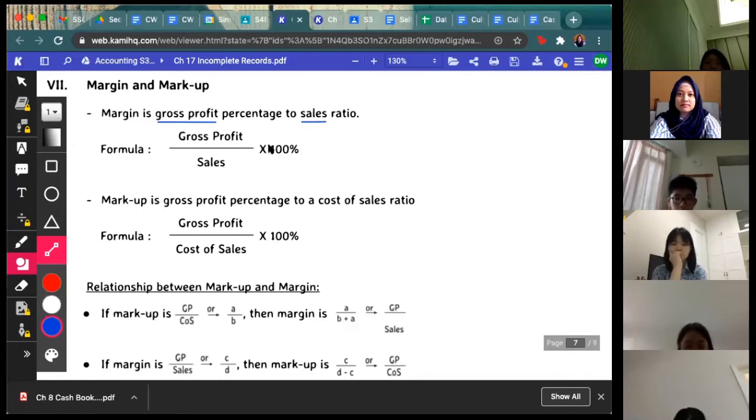It is always in a percent or in a ratio. So that is margin by definition. Meanwhile, markup is gross profit over cost of sales. So the formula is gross profit divided by cost of sales times 100%. It can be in the form of percentage or you can change it into ratio.